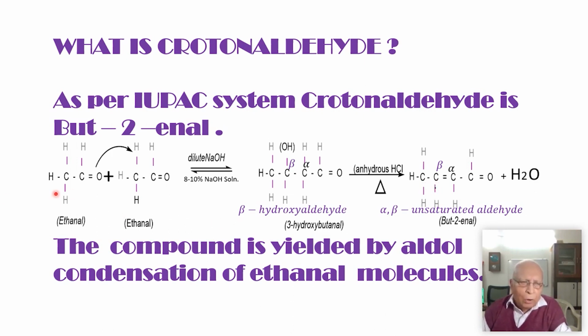If you recall, we are following the same system for the alpha carbon atom in aldehydes. So crotonaldehyde is a common name of but-2-enal. No confusion.